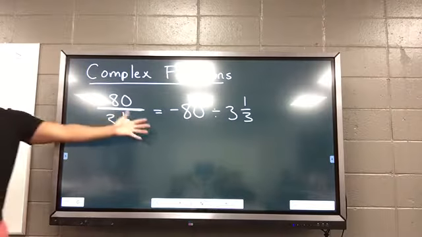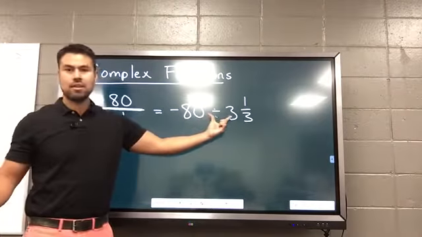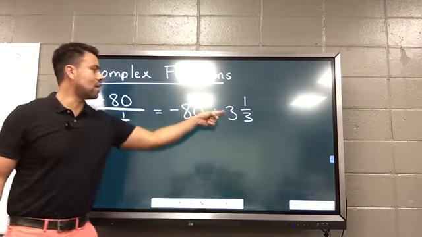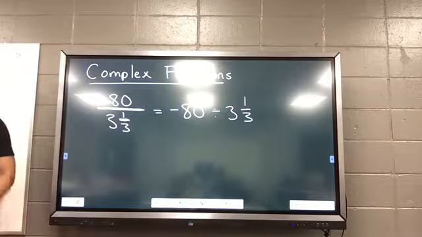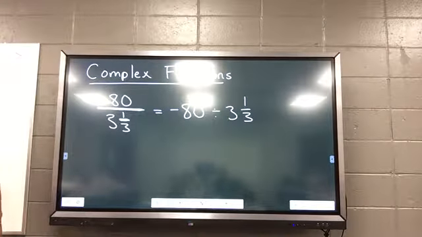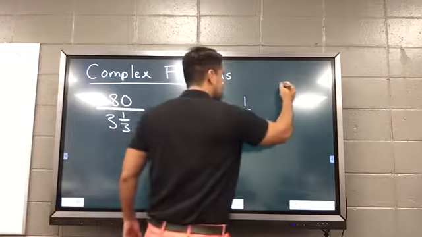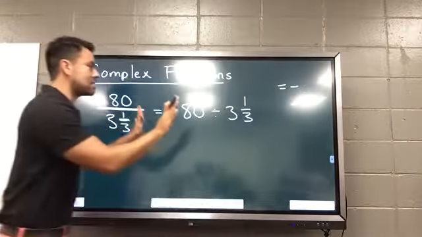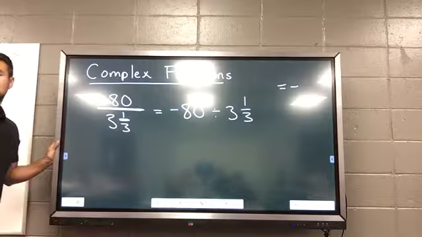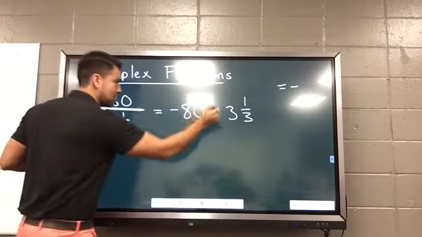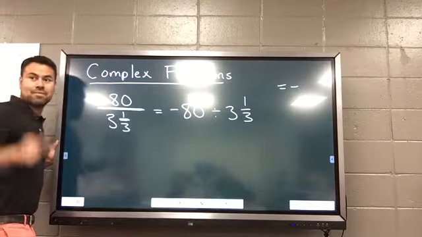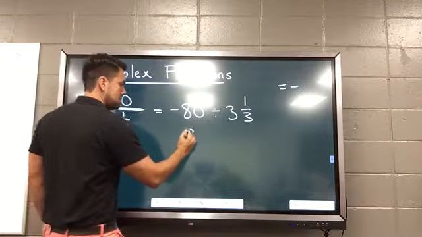Now, this is a problem we kind of dealt with previously. How do I deal with this? Well, what's a negative divided by a positive? Negative. My answer is going to be negative. So whatever it is, negative something. I'm done with the signs. How do I deal with this fractional problem, mixed number, whole number? Yep. You convert the 3 1/3 into a decimal.